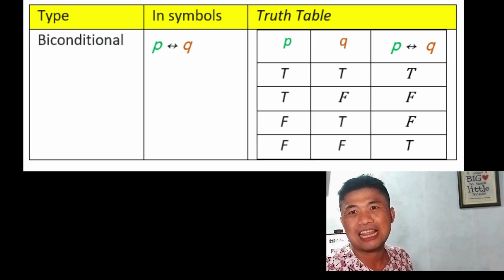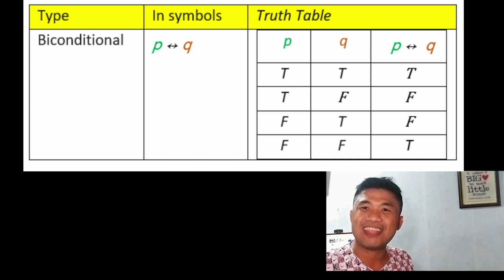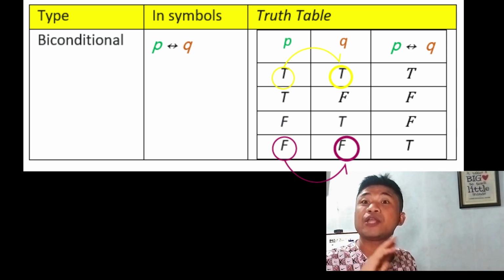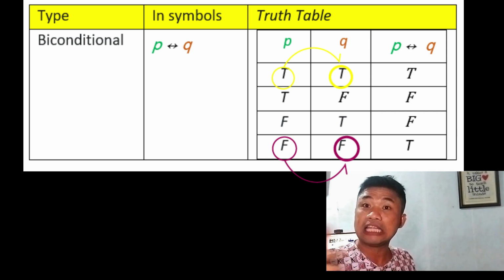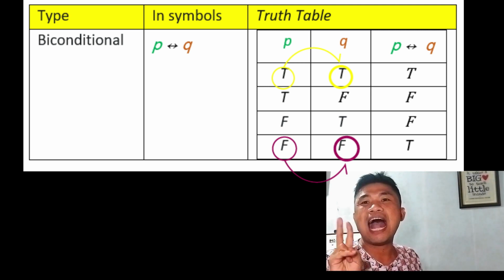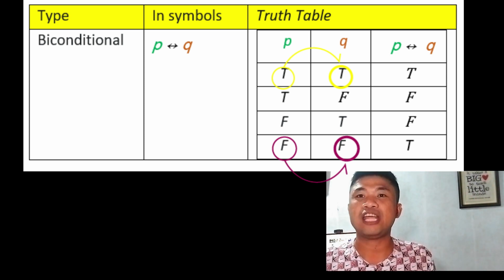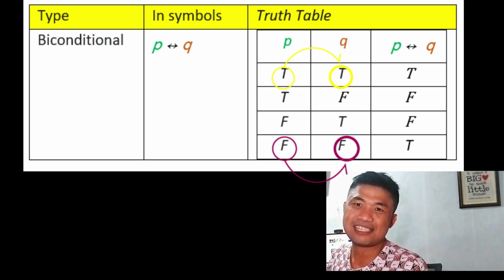In biconditional, we only look at whether the propositions have the same truth value. For example, P is true and Q is true, then the result is true. If both are false, also true. If they have unlike truth values, true and then false, then automatically the biconditional is false.